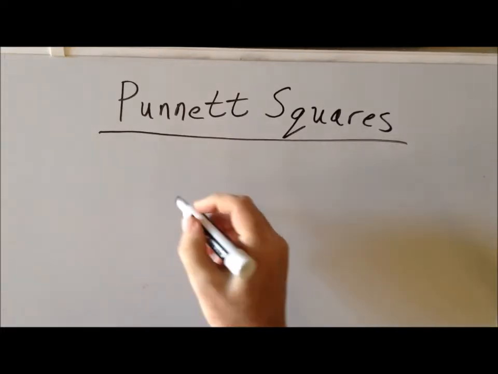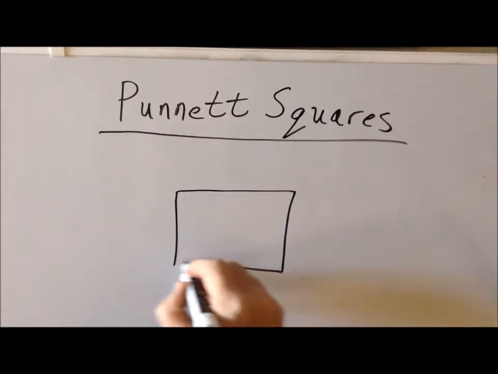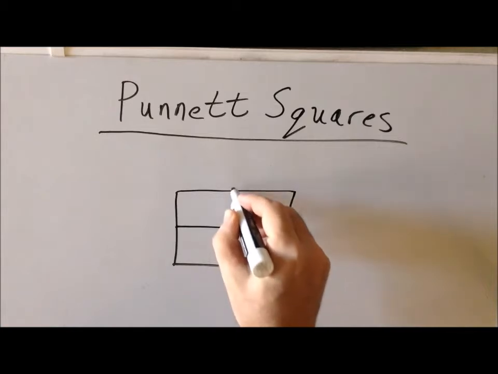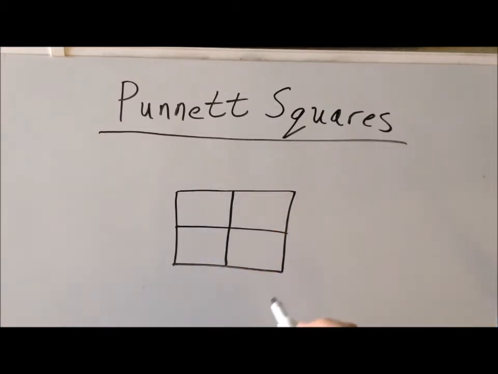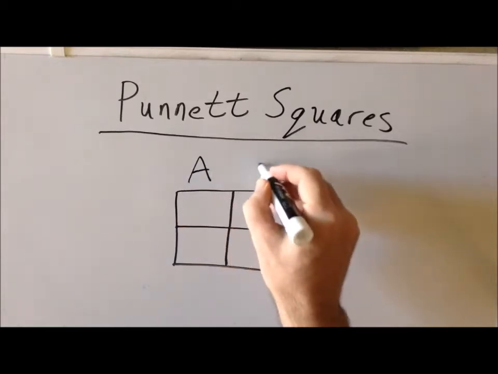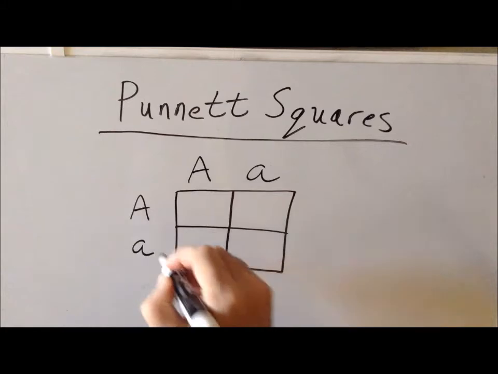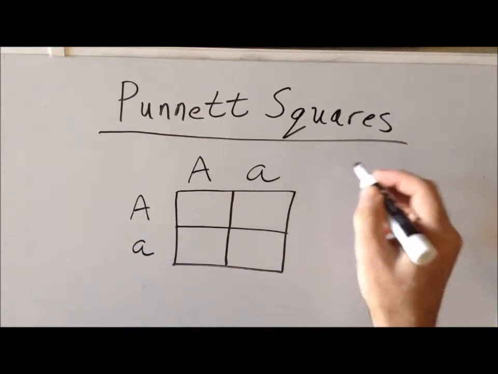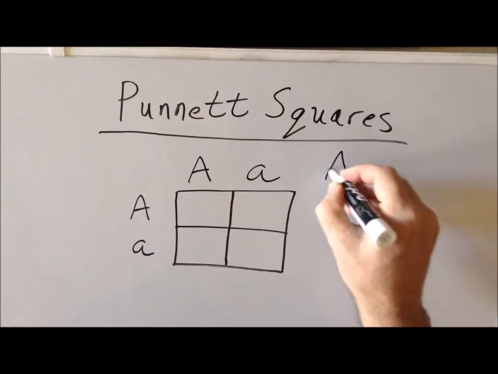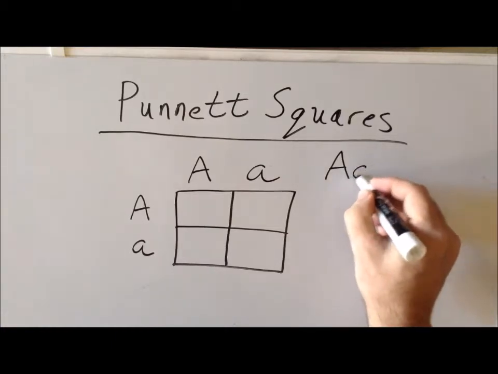So, for example, if we have a genetic cross between two parents, we might have a situation where both parents are heterozygous in some particular trait. The way that we represent that for each parent is the dominant allele is given a capital letter, so we have capital A. The recessive allele is given a small letter.